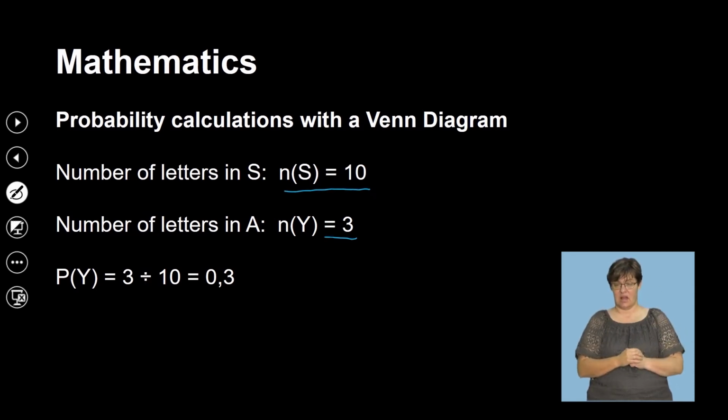We've got 3 in Y, and we recognize that it's going to be 3 out of 10. So if we were to be very clear about that, we'd recognize we can calculate the probability of set X, set Y, and we can then come to some sort of conclusion about them.